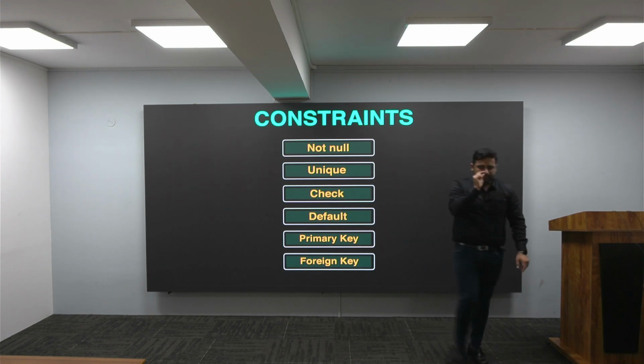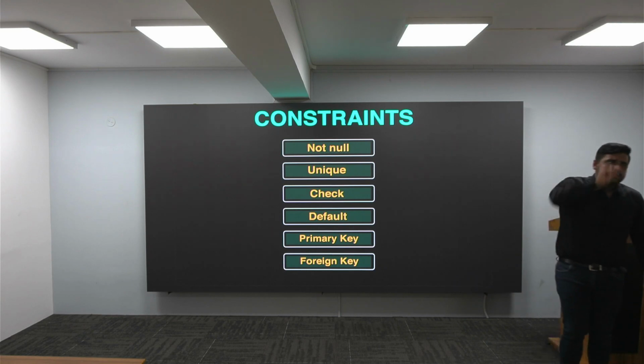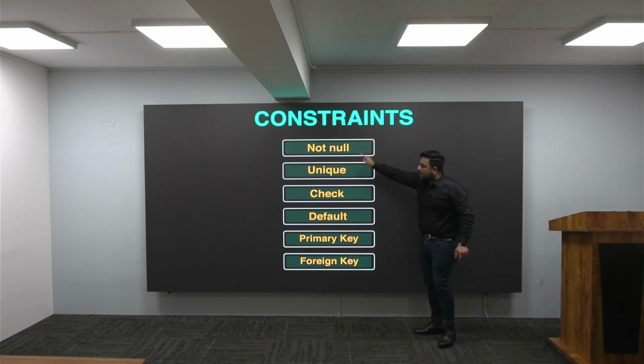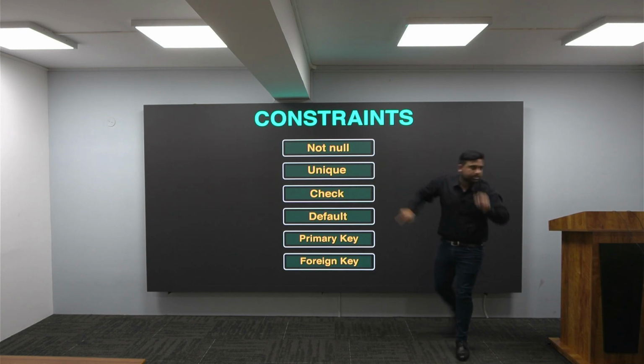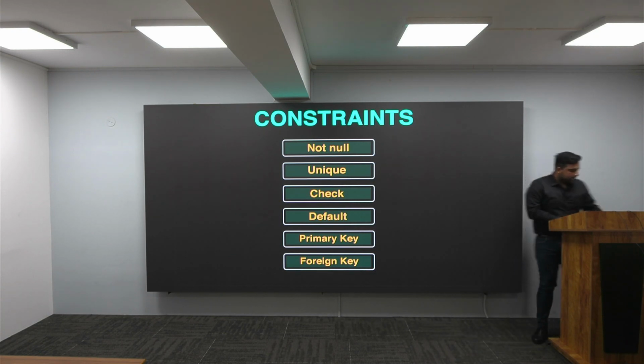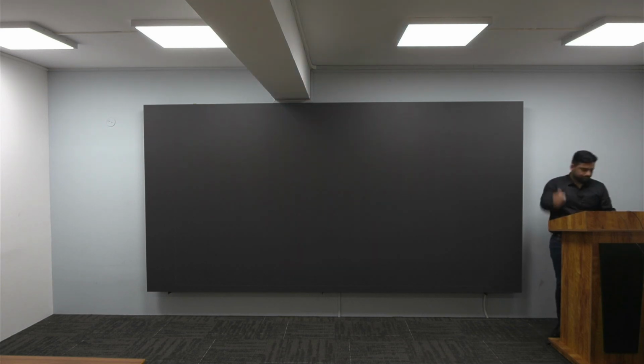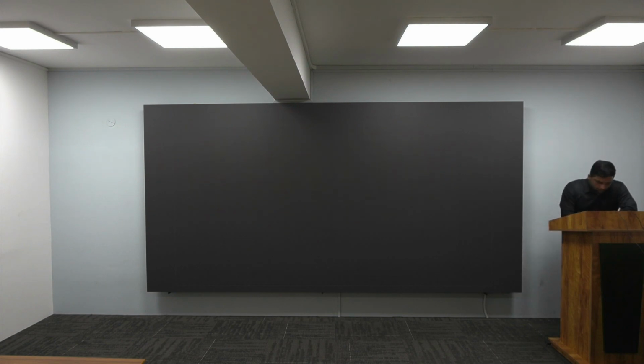And over here, please try to understand. In one column, you can have not null also and unique also. How to use? Please try to understand. I will put one structure here, a table structure like this.